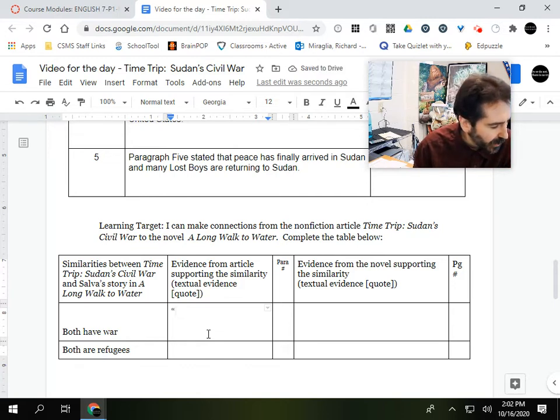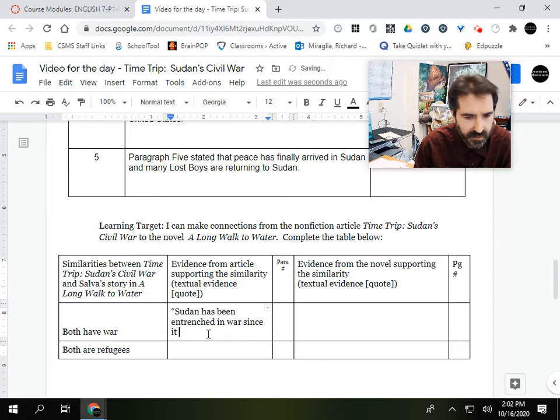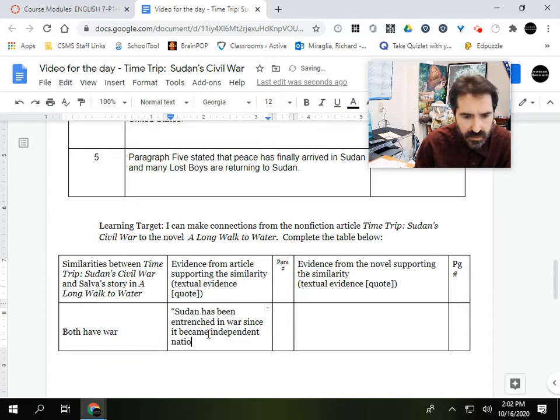The quote that I'm going to pick from paragraph 1 is the third sentence, part of the second sentence. "Sudan has been entrenched" in war, that means they've been involved in war, "since it became an independent nation in 1956." It's in quotation marks because I'm copying it exactly, and you want to make sure you copy quotes over exactly.